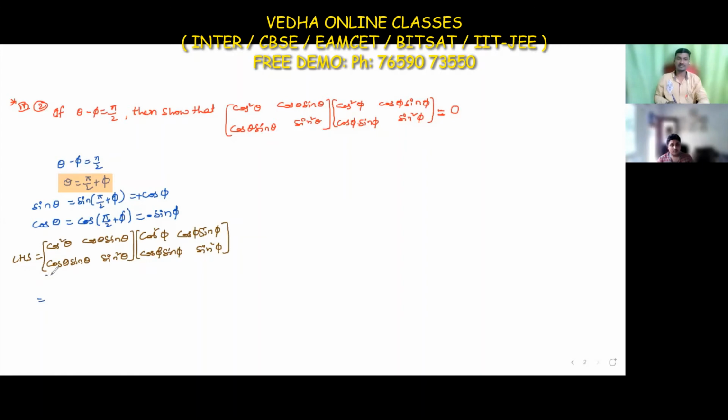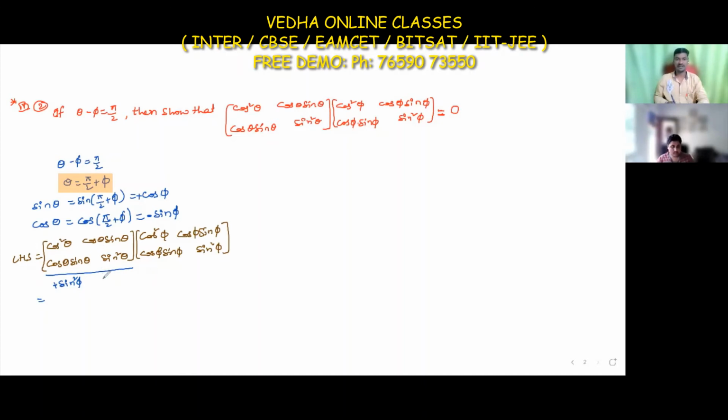In the first matrix, I am replacing all the terms. Sine theta is replaced with cos phi, cos theta is replaced with minus sin phi. So cos square theta is minus sin phi whole square. When we square, minus becomes plus and we get sin square phi.